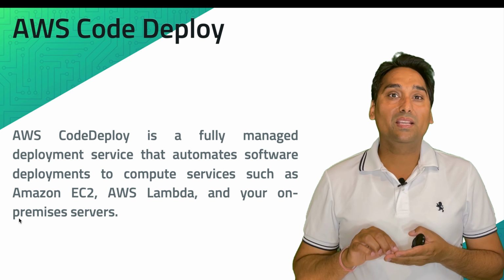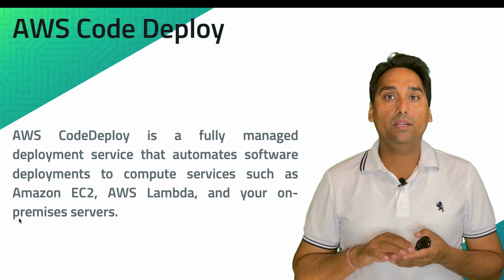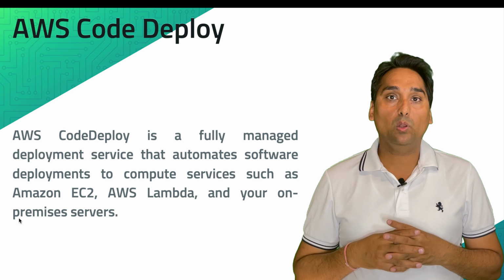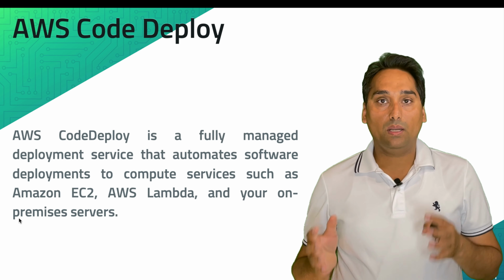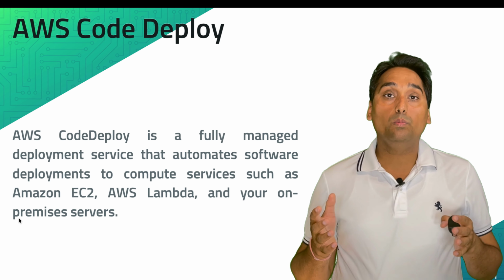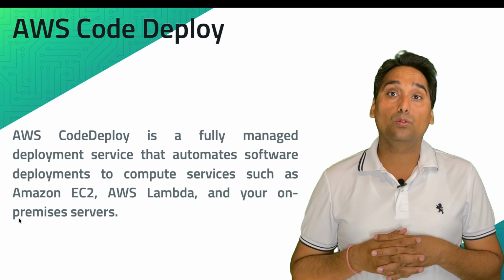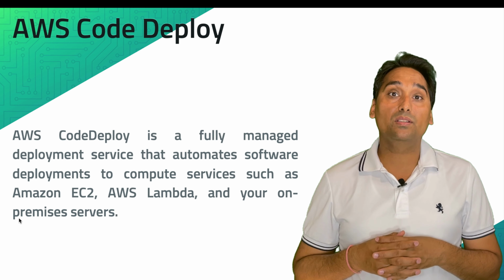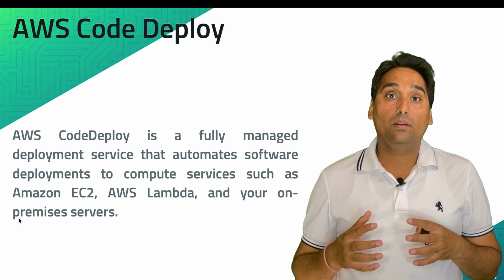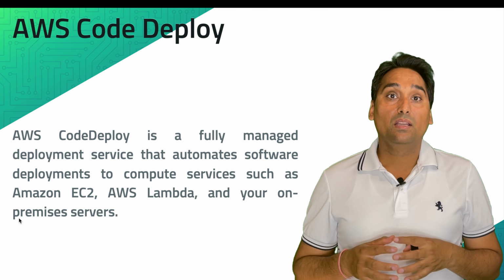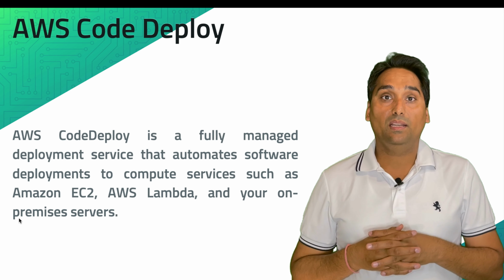AWS Code Deploy makes it easier for you to rapidly release new features, helps you avoid downtime during application deployment, and handles the complexity of updating your applications. So you can do blue-green deployment using AWS Code Deploy. You can use AWS Code Deploy to automate software deployments, eliminating the need for manual and error-prone operations. The service scales to match your deployment needs. So this service automatically scales.